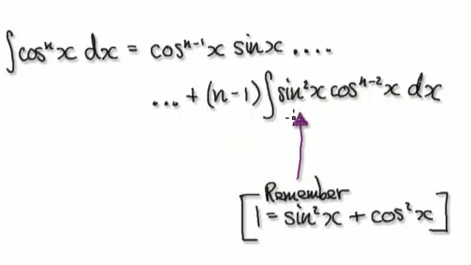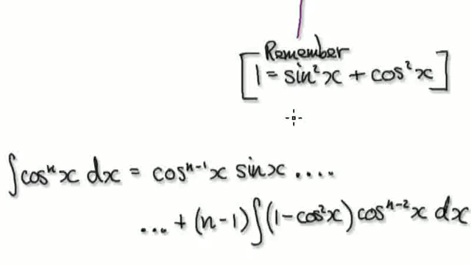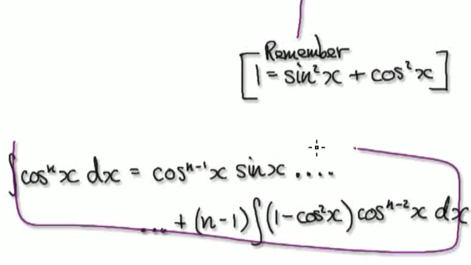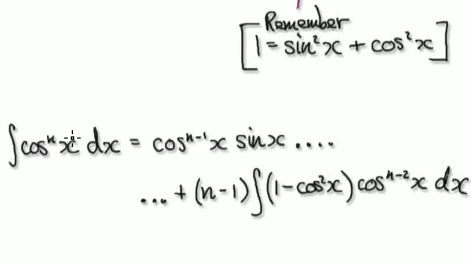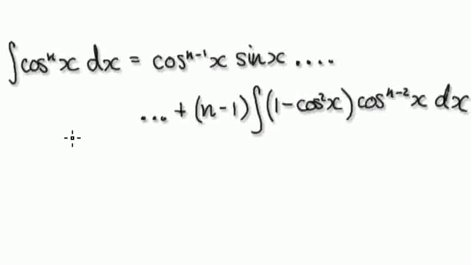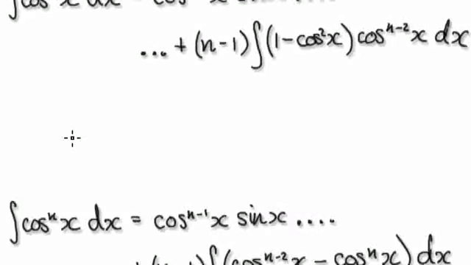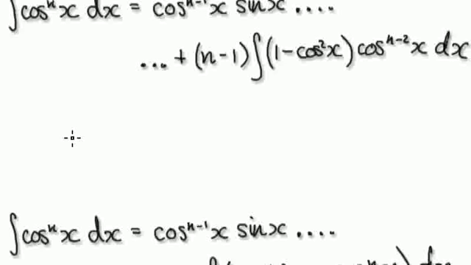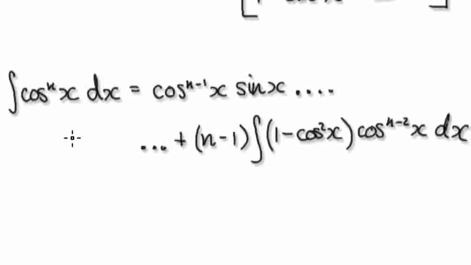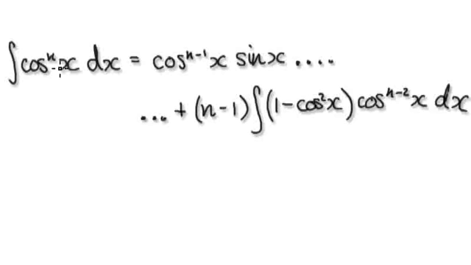That would then take us to here, and that would give us this thing here, 1 minus cos squared of x. So we are currently here. Sorry, let me think. So we are currently here.